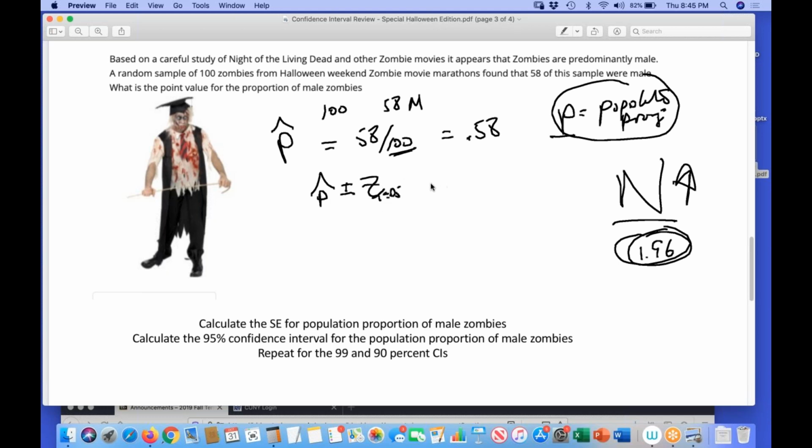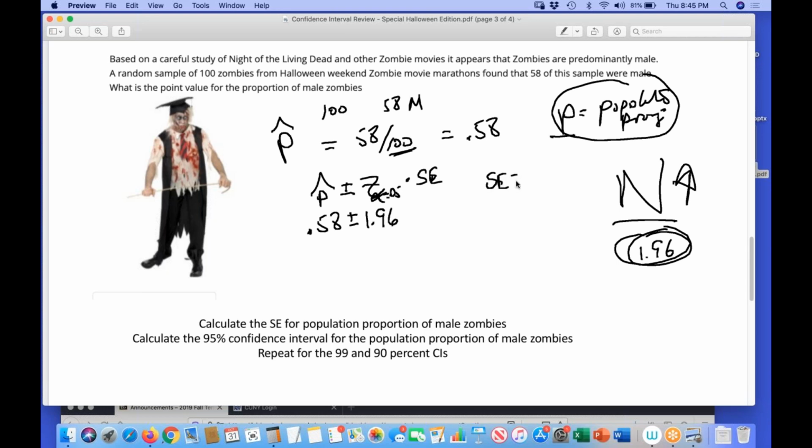I'm not going to do the over 2 stuff. The one side is 2.5%, so I'm just going to put alpha is equal to 0.05. Okay, so z times our standard error. The only thing that's tricky here is our p cap is 0.58, plus or minus 1.96, because we have a large sample size, times our standard error.